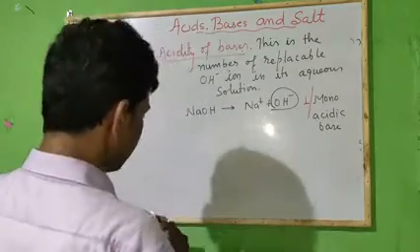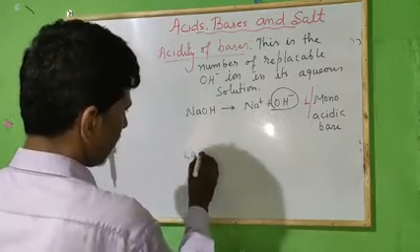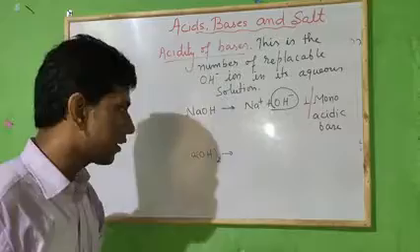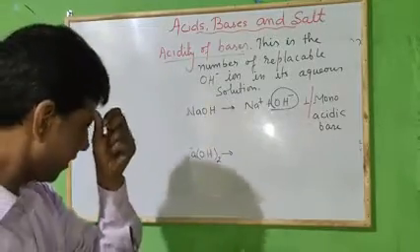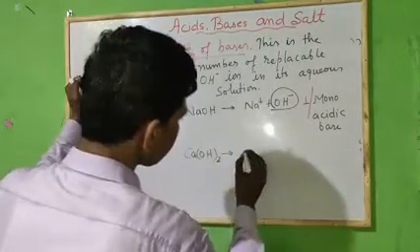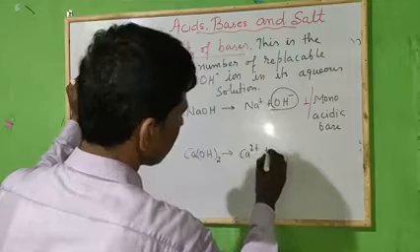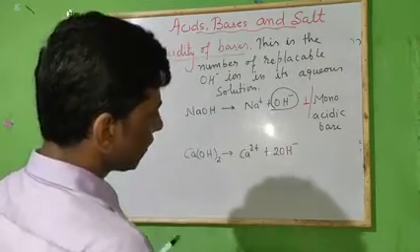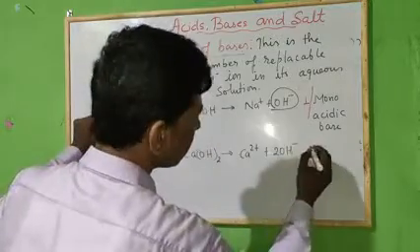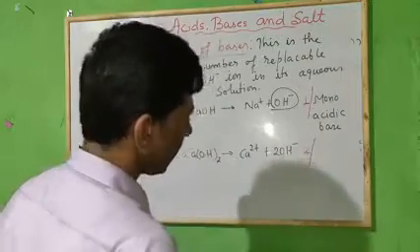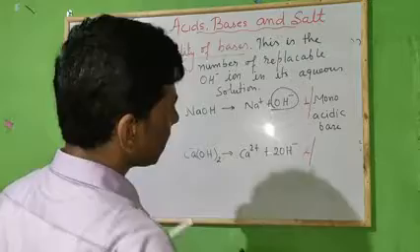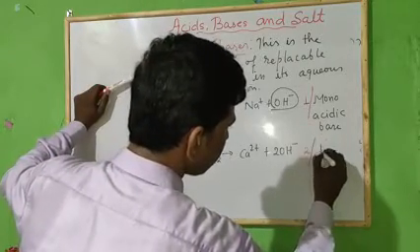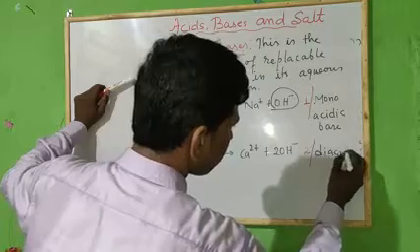Clear? Suppose I am taking another example, calcium hydroxide, Ca(OH)2. When it comes in contact with water, it will form Ca2 plus and 2 OH minus. Clear? So its acidity will be 2 and it will be a diacidic base.